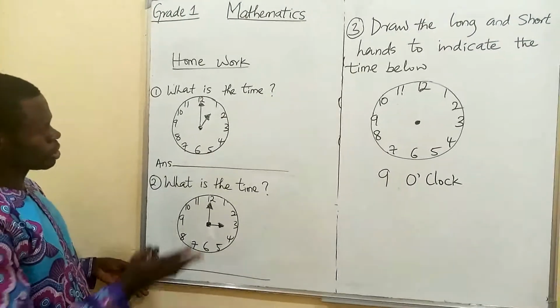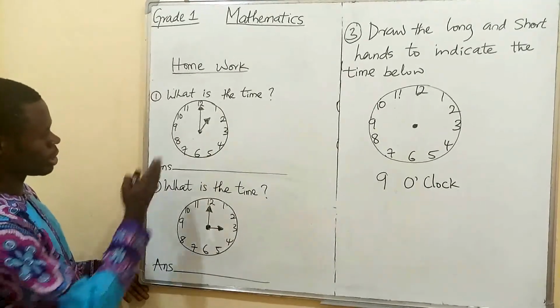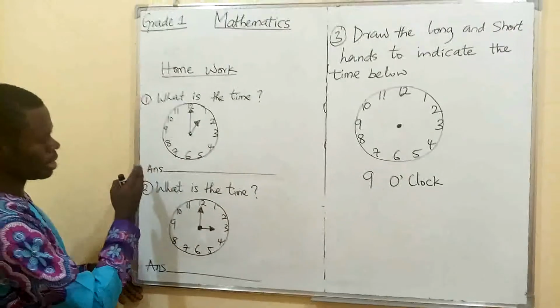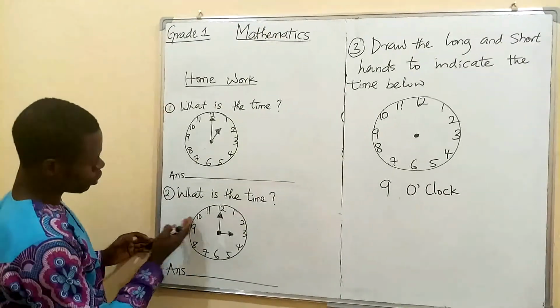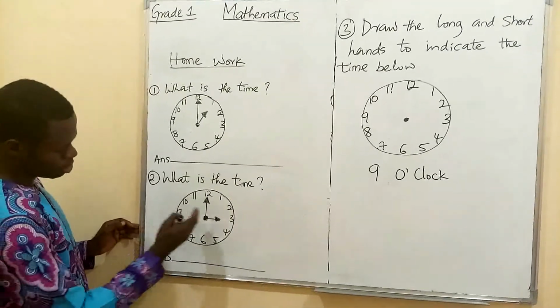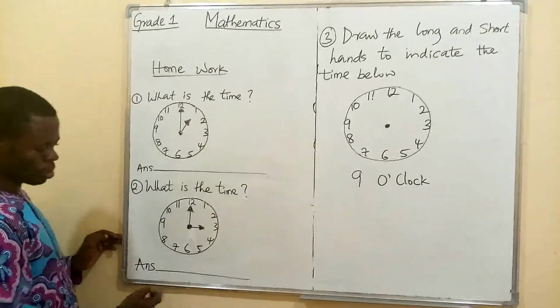All you need to do is take a look at the face of the clock here in number 1 and tell me what the time is, where the long hand is and where the short hand is, and then write the time for me. And number 2, what is the time? Look at the long hand, look at the short hand, and tell me what the time is. Just fill this line or this dash for me.